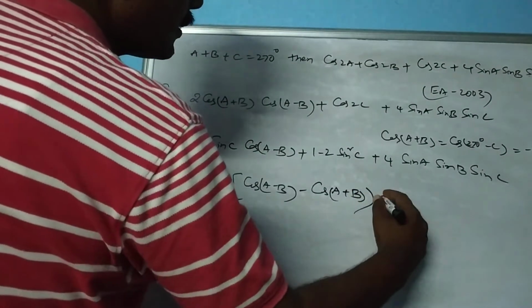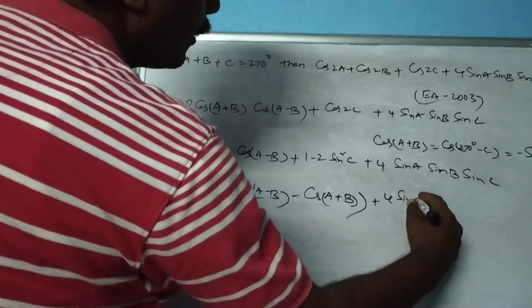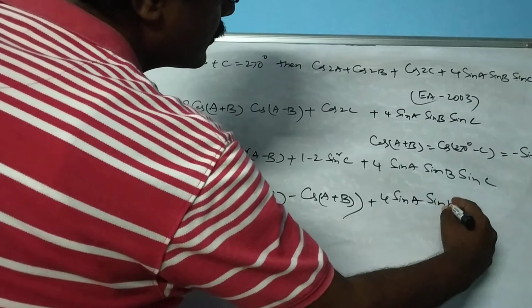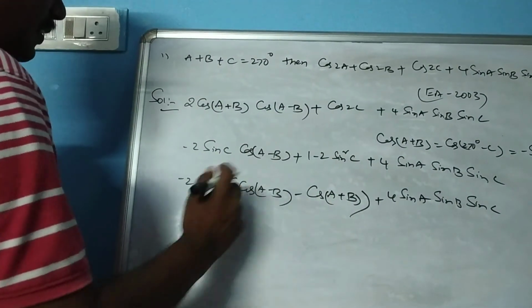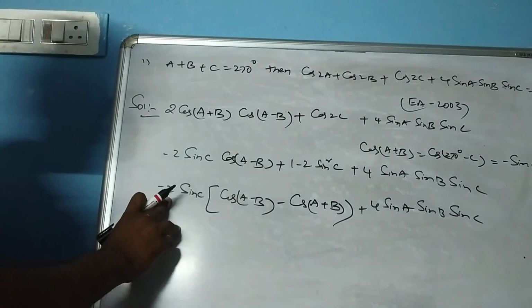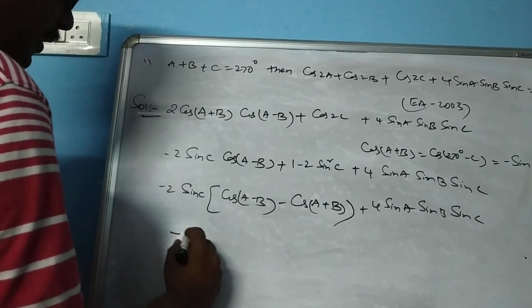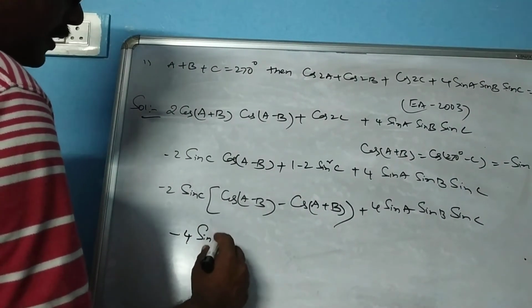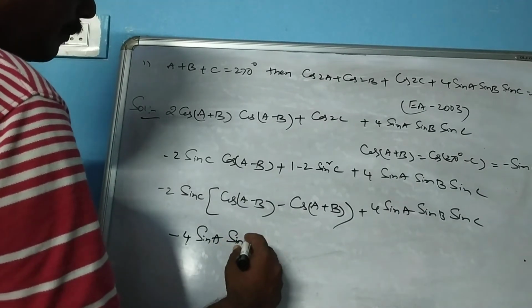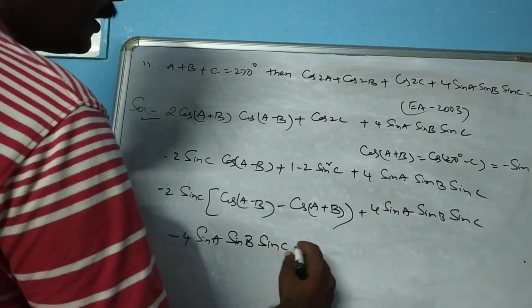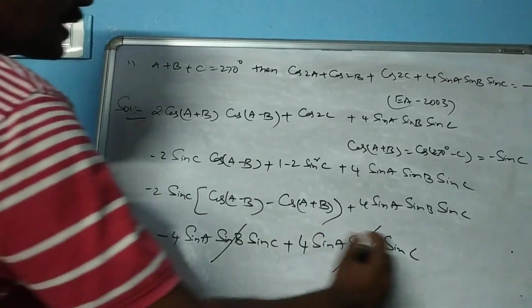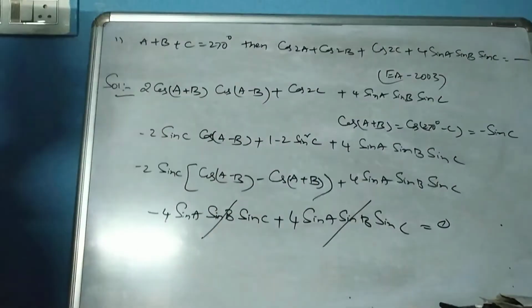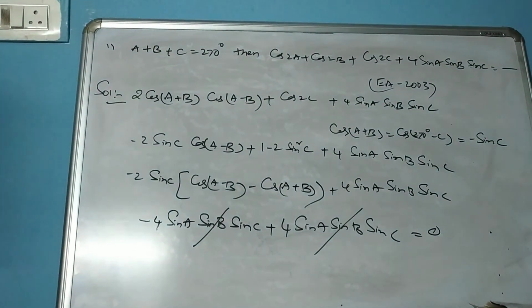This is 4 sin a sin b sin c. This is multiplying with this, minus 4 sin a sin b sin c plus 4 sin c get cancelled. This is equal to 0. Okay.